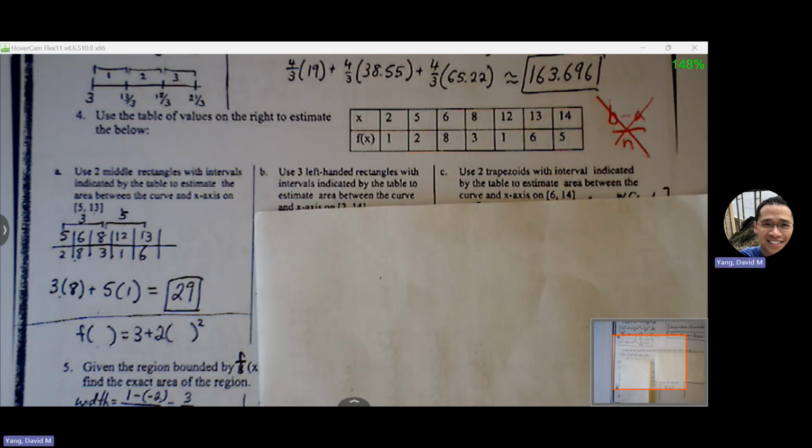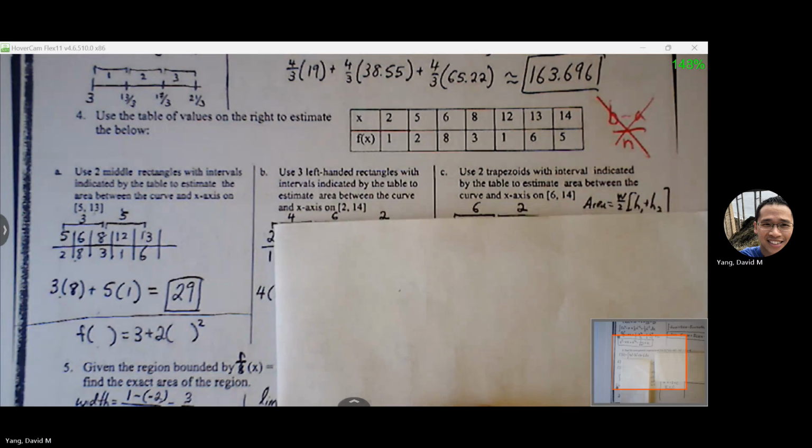Any questions with part A? Okay, part B, left-handed rectangles.